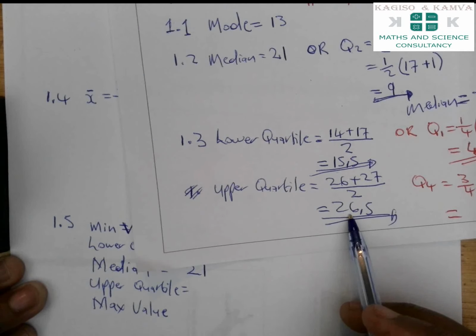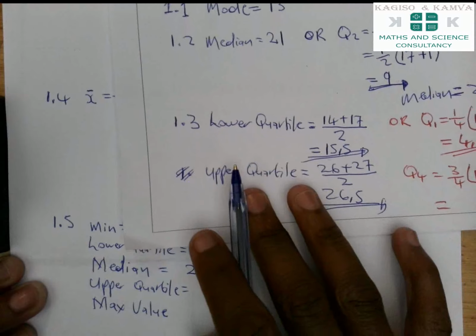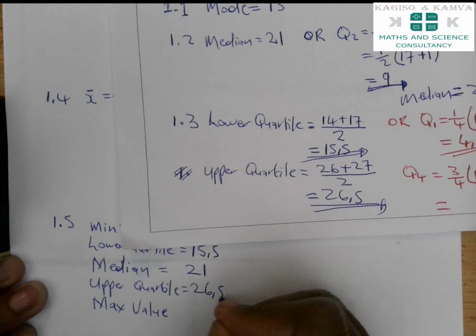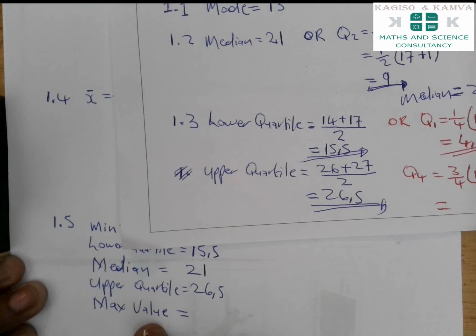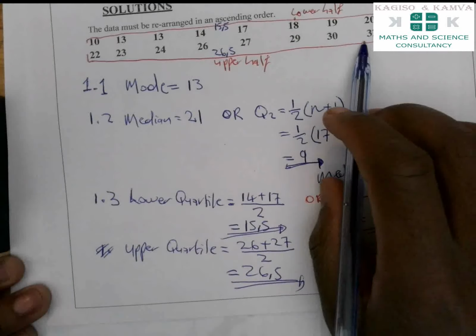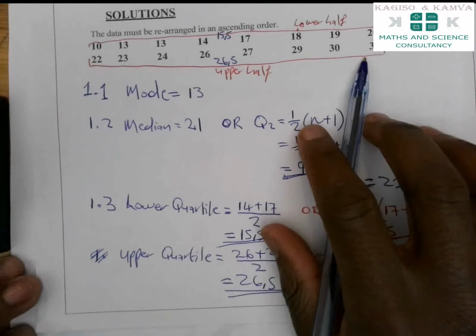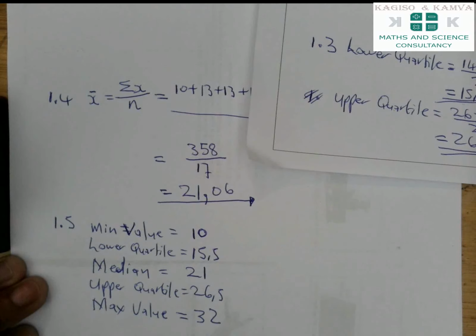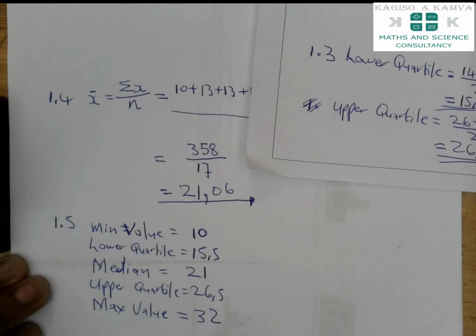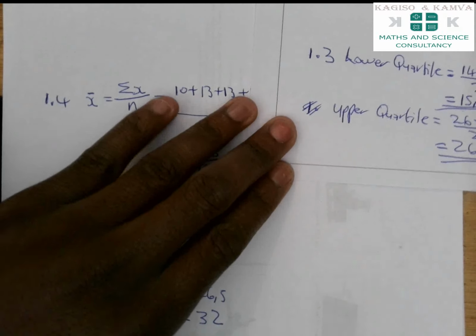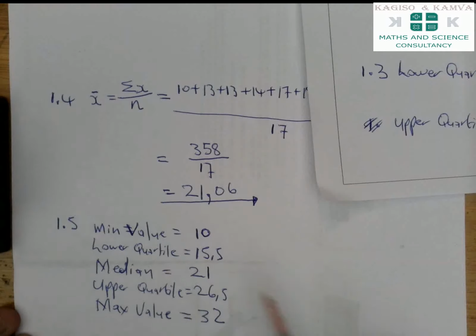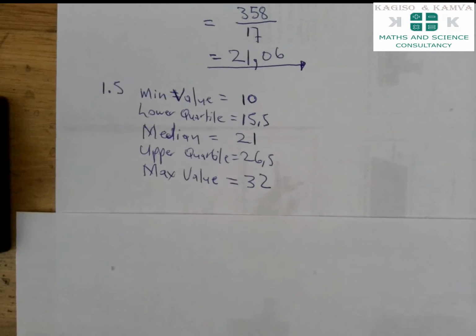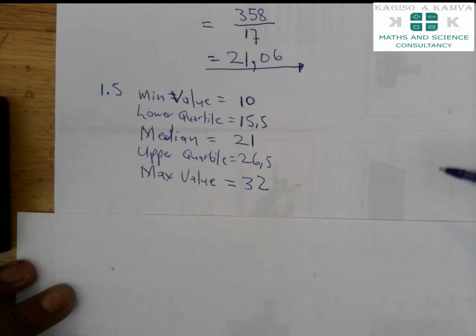Our upper quartile we got is 26.5. Our maximum value is 32, because this is an ordered set. So this is going to be our five number summary.